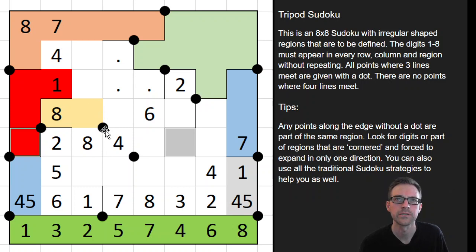Think about this dot. This dot cannot be these 2 lines. Because if it were these 2 lines, that would force this region up here, and I think this red region would be trapped. 1, 2, 3, 4, 5, 6, 7, 8.